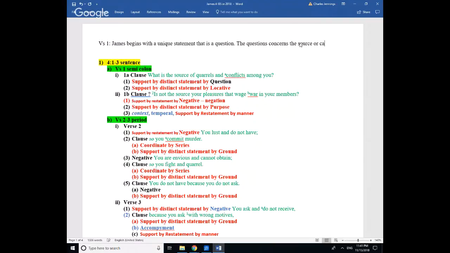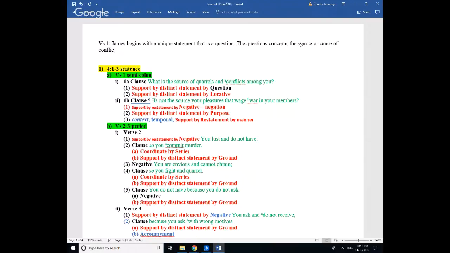Source or cause of conflict within the Jewish Christian fellowship, right?